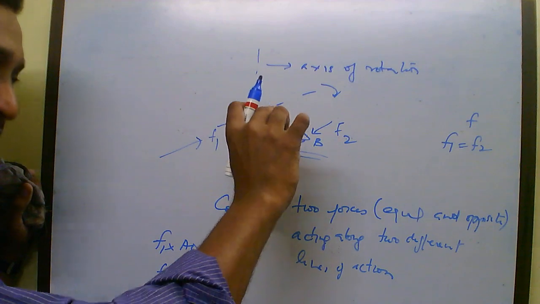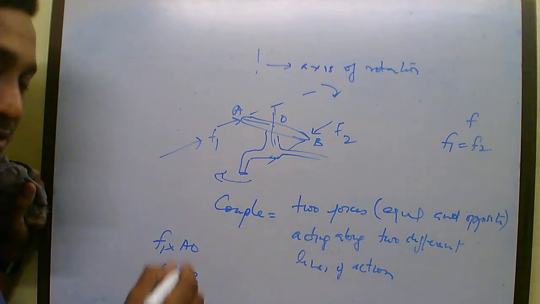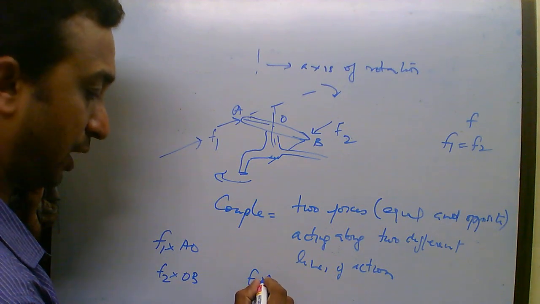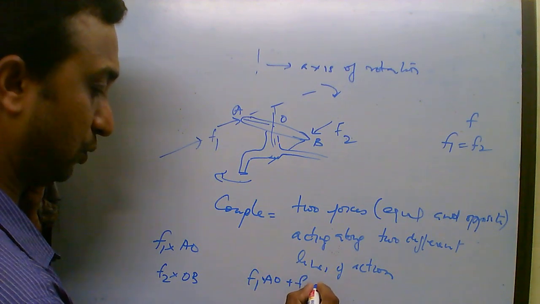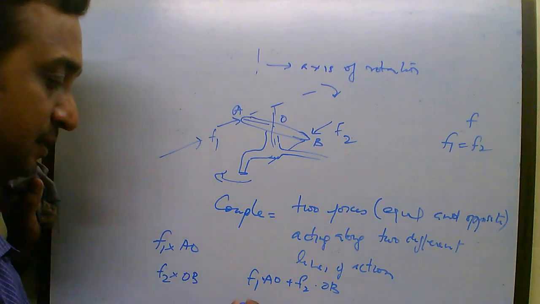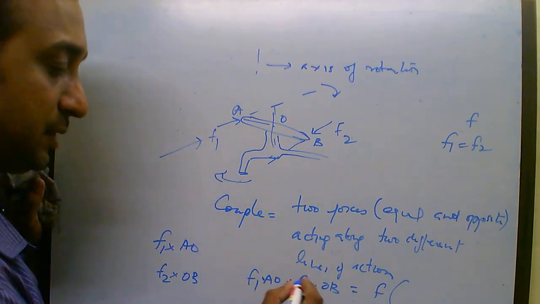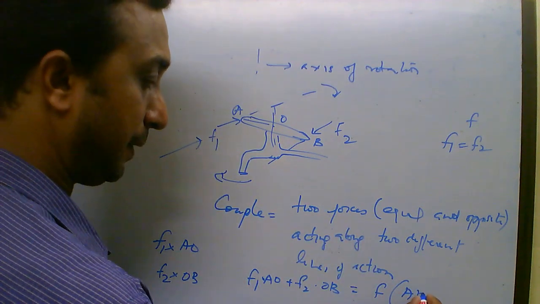It also tries to turn the body in the clockwise direction. So what is the net effect? F1 into AO plus F2 into OB. Now since F is common, I can take F out. OA plus OB gives the length, that is AB.